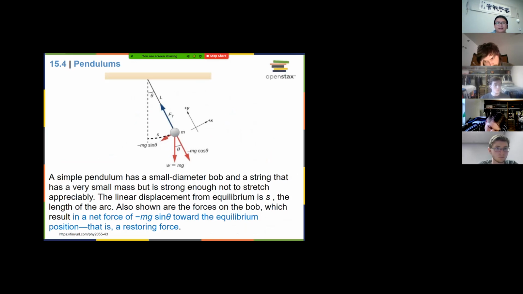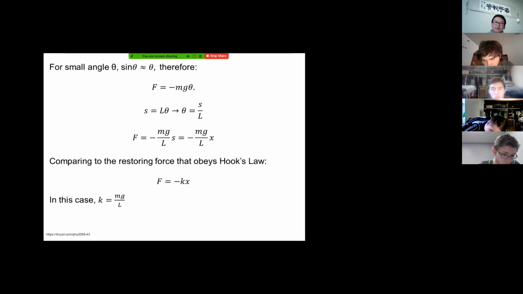And last time we also talked about the pendulum. A simple pendulum is actually a point mass. You can model it as a point mass attached to a spring. In that case, the restoring force is minus mg sine theta when you pull it a certain distance away. Compared to the mass attached to a spring where F is equal to minus kx, these two forces have similar expressions.